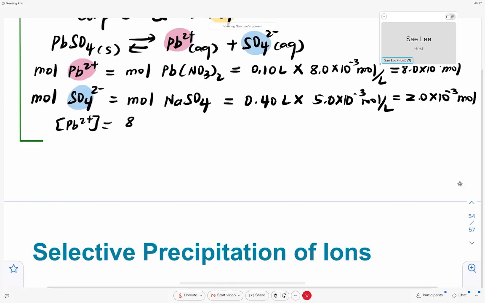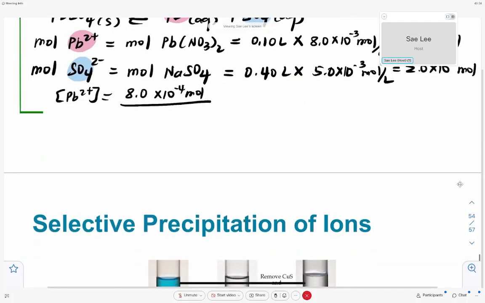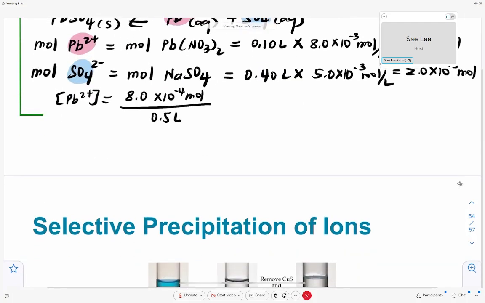The moles we have here are 8.0 times 10 to the negative 4 mole, divided by the total volume in the system. You have 0.1 liter plus 0.4 liter, so the total volume is now 0.5 liter. This gives a concentration of 1.6 times 10 to the negative 3 molar.